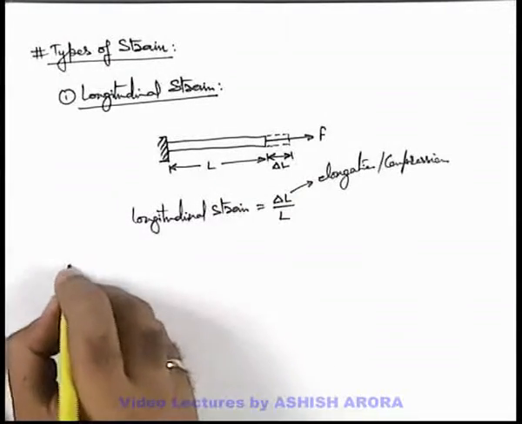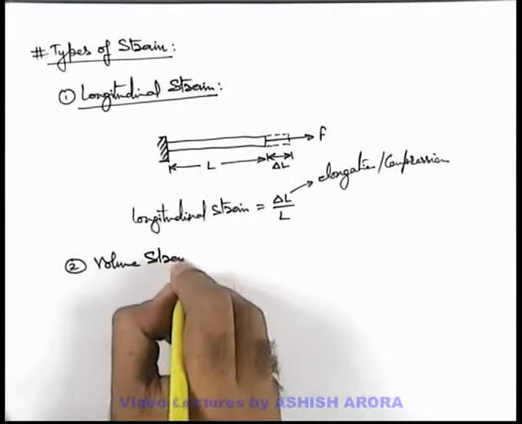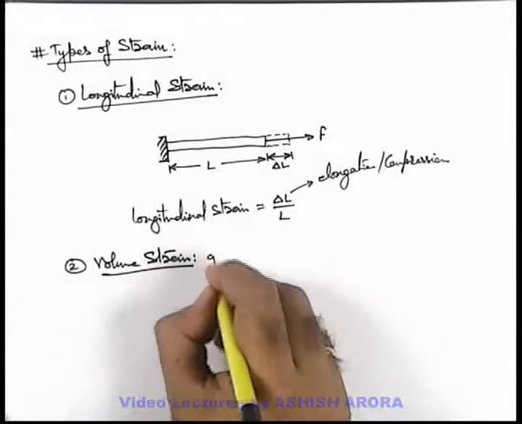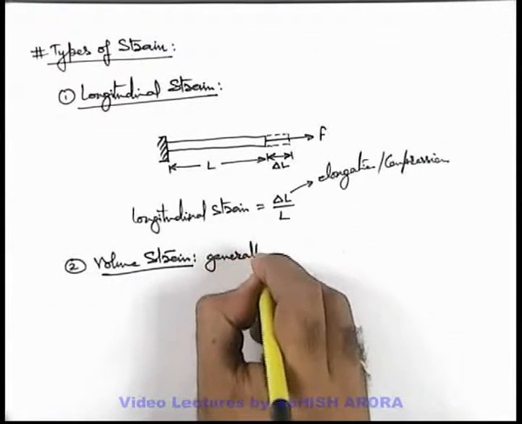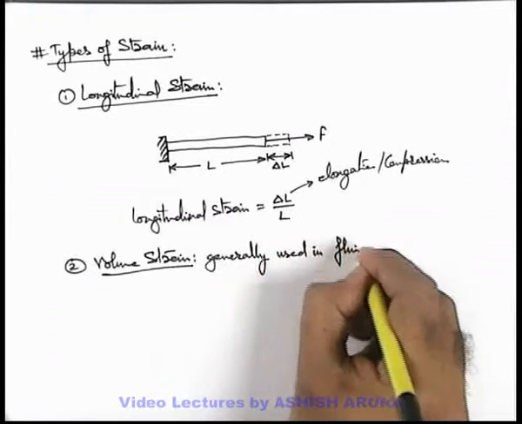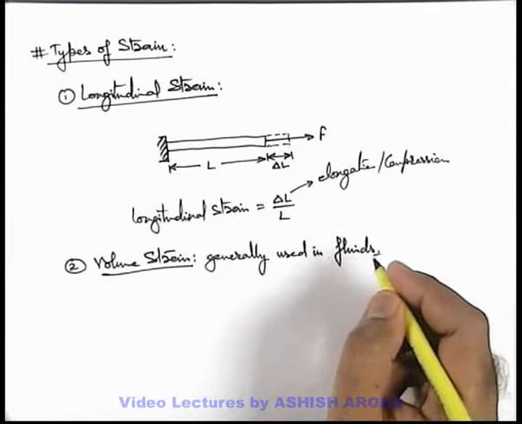The second one is volume strain, which is generally accounted for the cases of fluids. It is used in fluids, as in case of fluids dimensions are not defined, only volume can be defined.